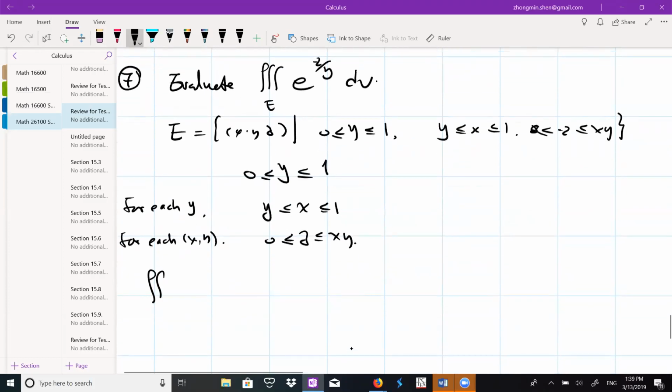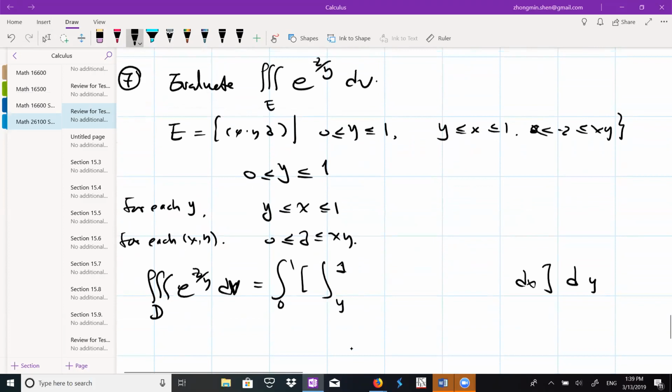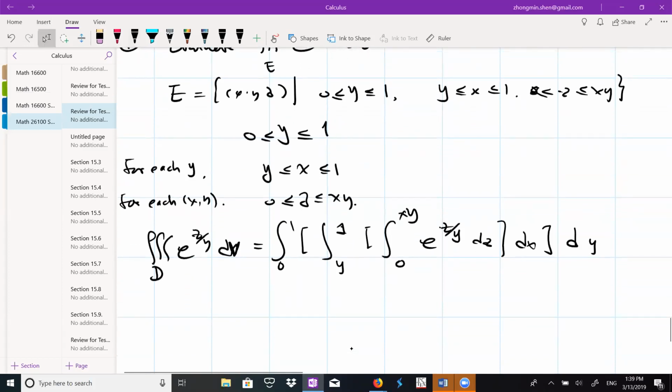So the triple integral should be expressed with dy on the outside, then dx, and then z from 0 to x times y, and dz. Don't just randomly switch the variables unless you understand the picture.